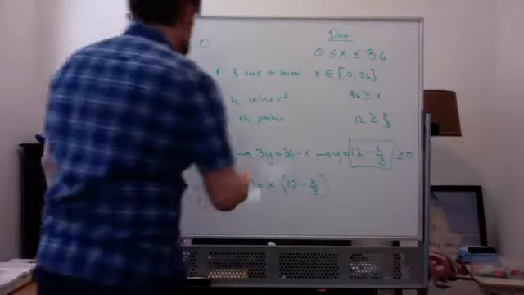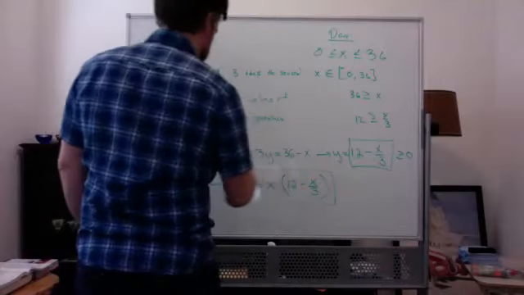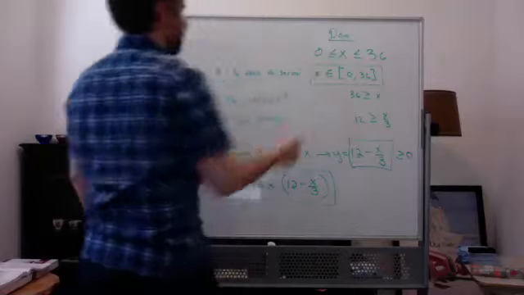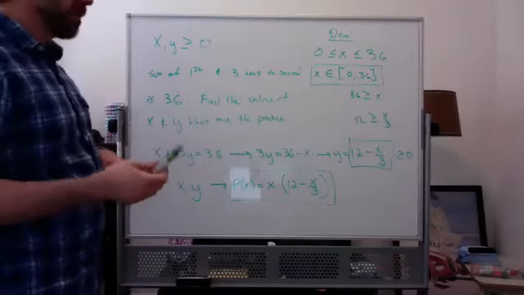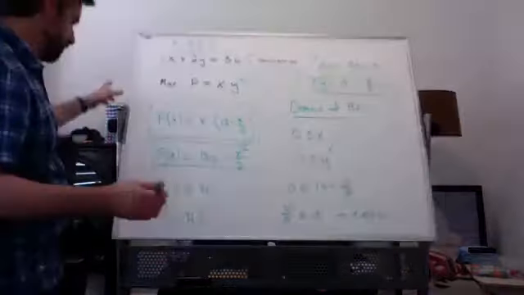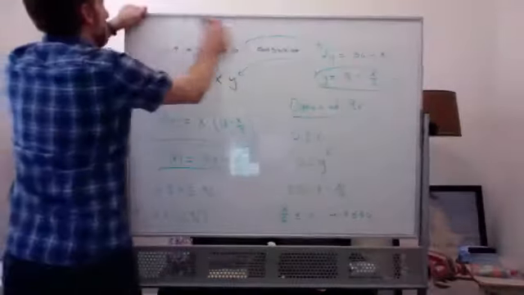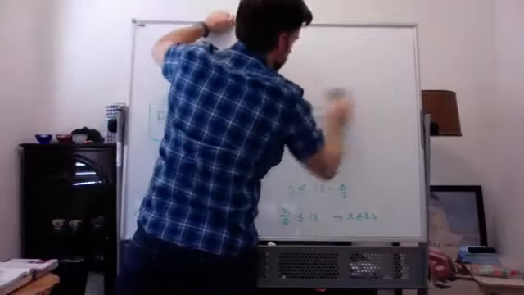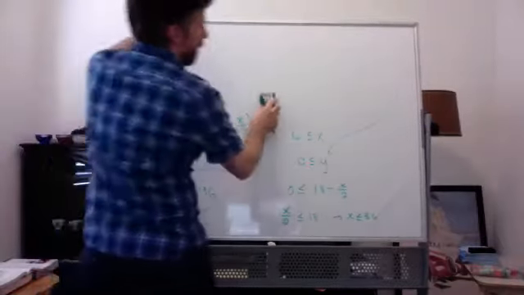So here's our function, p of x equals x times 12 minus x over 3. And here's our domain, between 0 and 36. Let me actually graph this function for you guys, because I think it's worth seeing the graph.